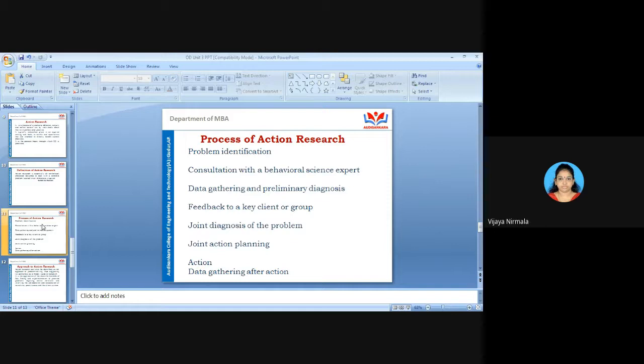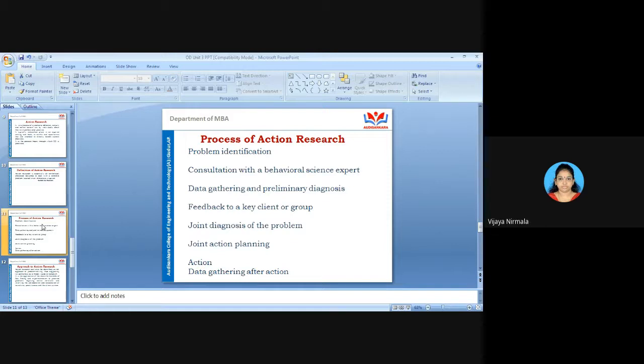So, when a key executive with power tries to influence this, sensing that the organization has one or more problems that need to be solved with the help of an organization development practitioner, that is called problem identification.